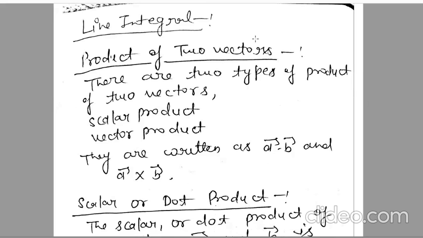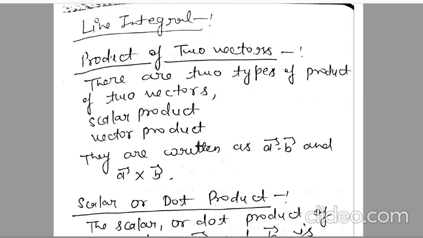Right. So first thing, product of two vectors. Suppose we have two vectors, a vector and b vector. Vector quantity means if directions are given. So there are two types of product. First one is scalar product and second one is vector product.